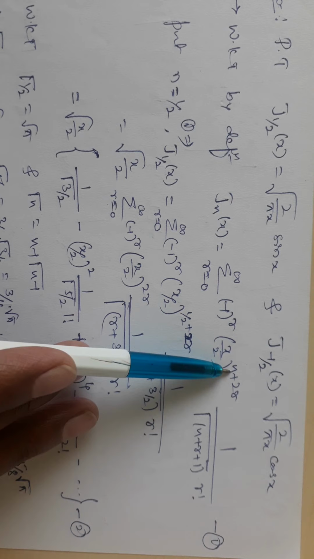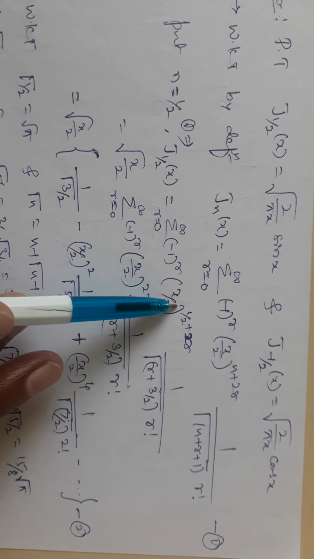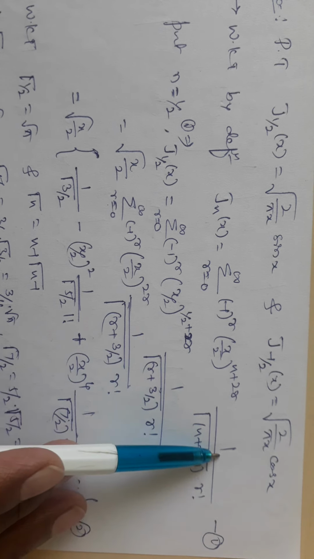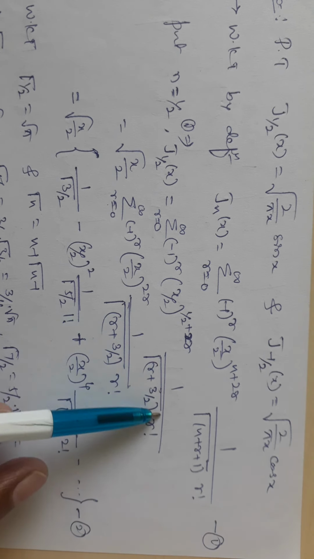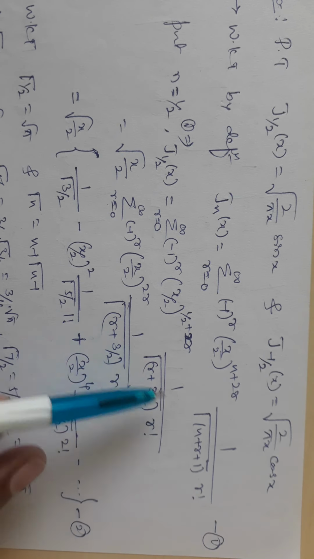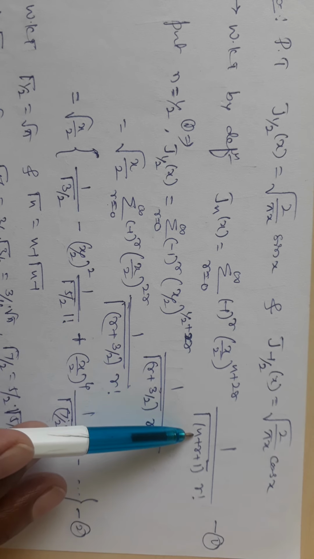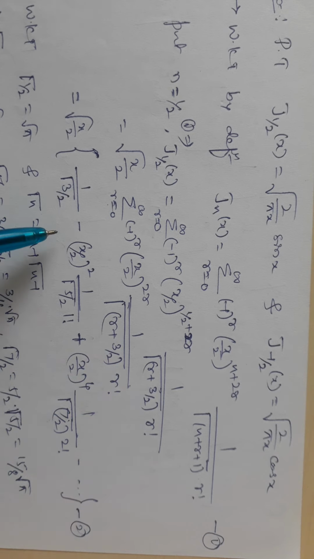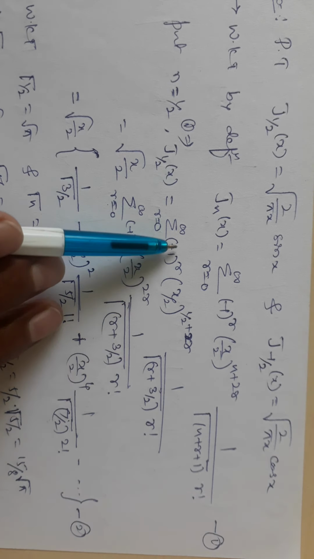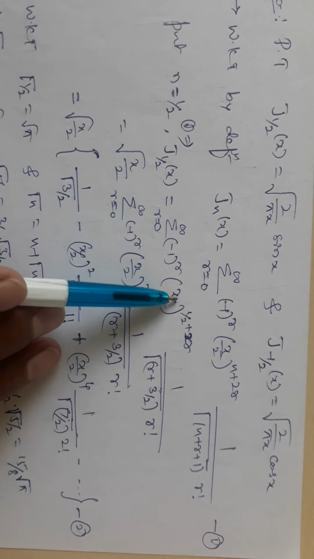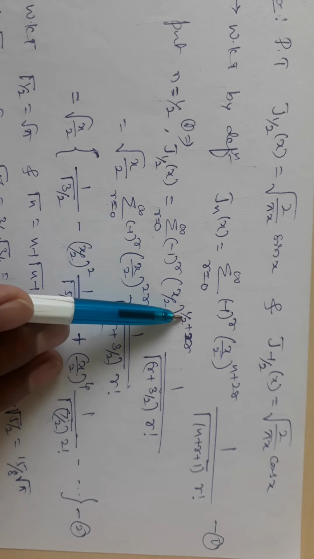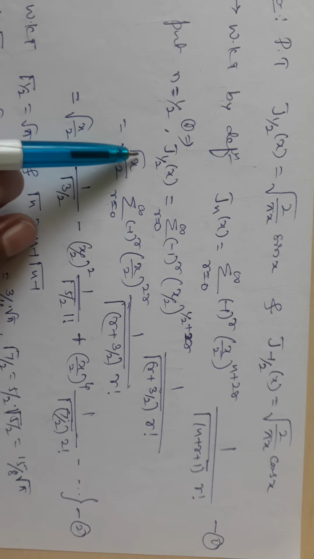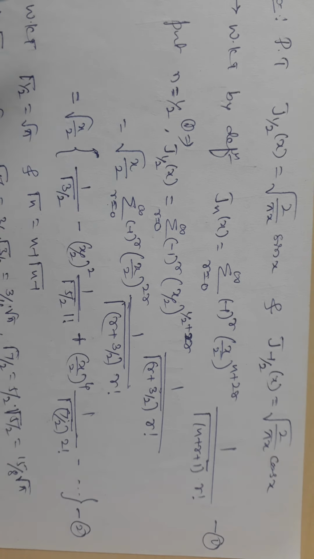By substituting n equal to 1 by 2, it is (x/2)^(1/2+2r), then into 1 by gamma of (r plus 1/2 plus 1), that is 3 by 2, into r factorial. Now this summation is with respect to r, therefore (x/2)^(1/2) is a constant that is free from summation, so we can take it outside, therefore it is root of x by 2.